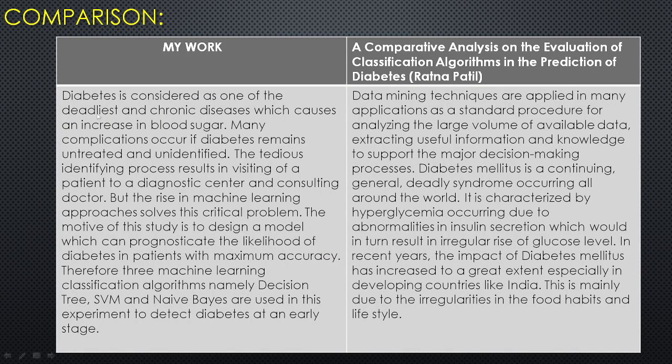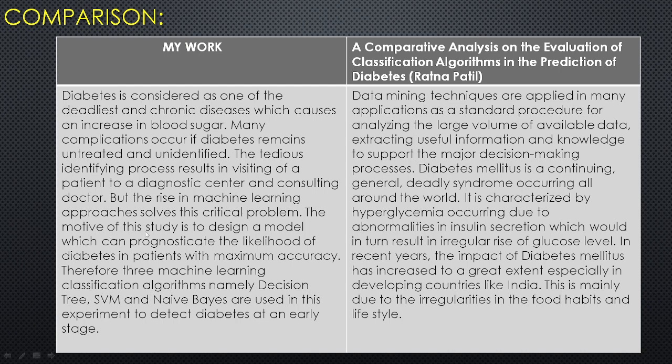And in my work, diabetes is considered as one of the deadliest and chronic diseases, which causes an increase in blood sugar. Many complications occur if diabetes remains untreated, and the tedious identifying process results in visiting a diagnosis center and consulting a doctor. But the rise in machine learning approaches solves this critical problem.